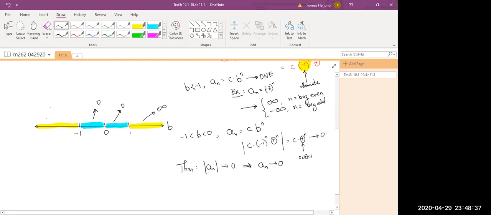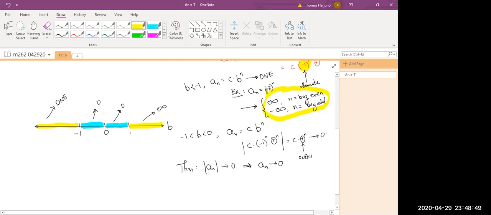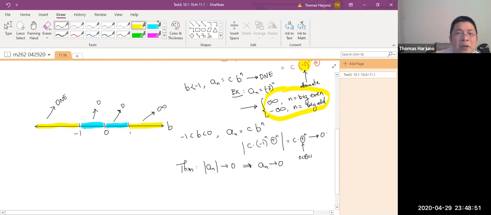Divergent to negative infinity. Actually, no, does not exist, because you see what happened in this case? Right.